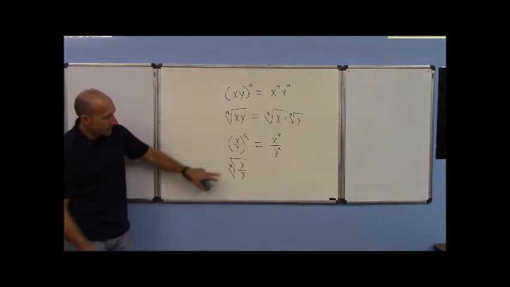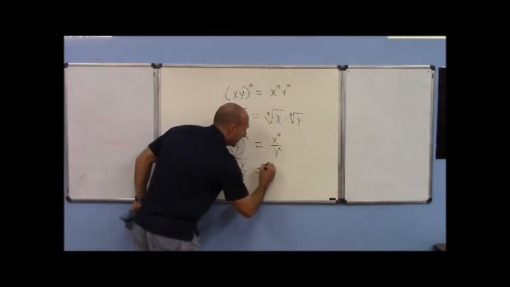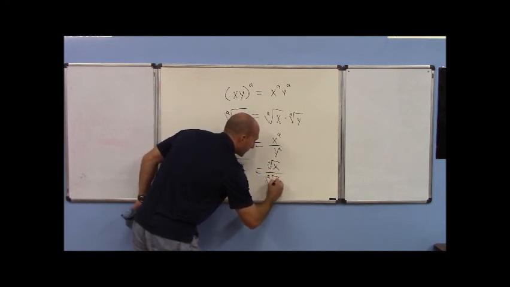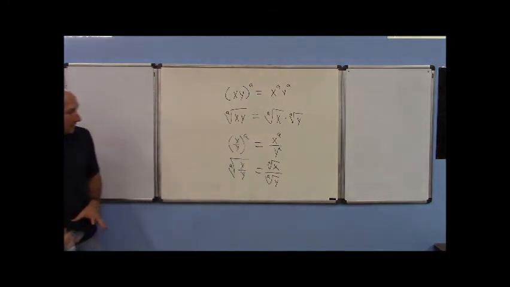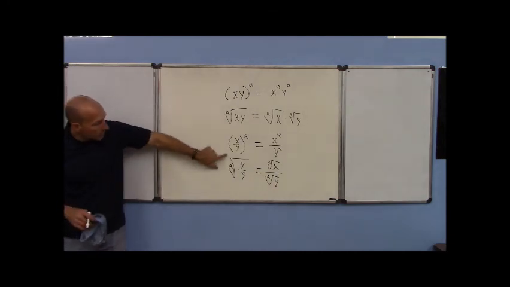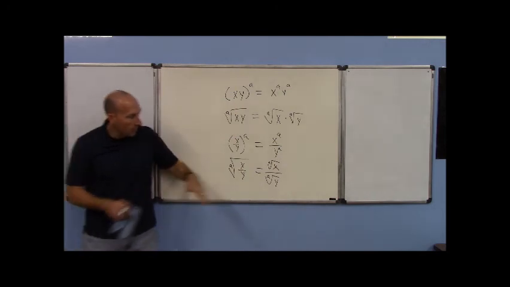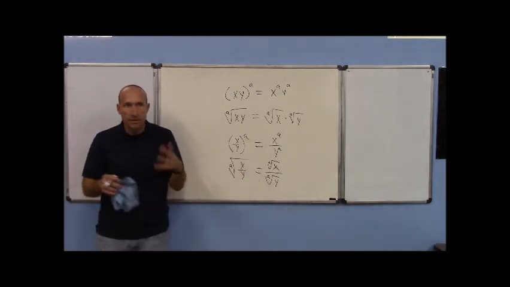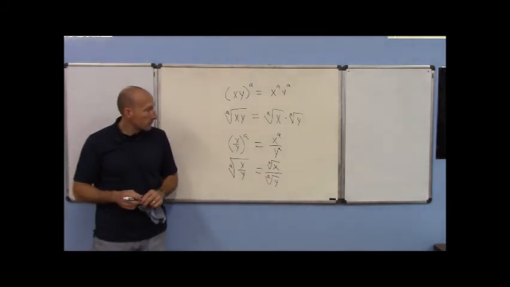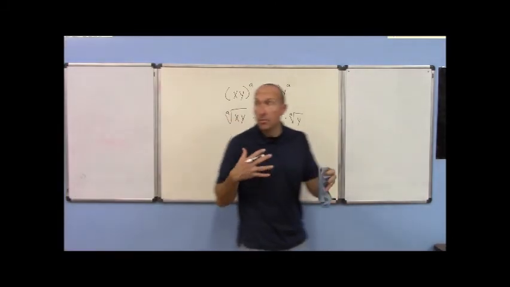If you have this, then that is the same thing as that. Make sense? So they're both sharing a radical, or you can split it up and have their own individual radicals. Okay, so know that we can move back and forth.